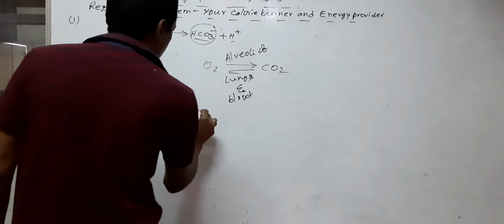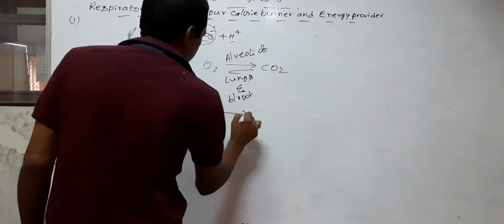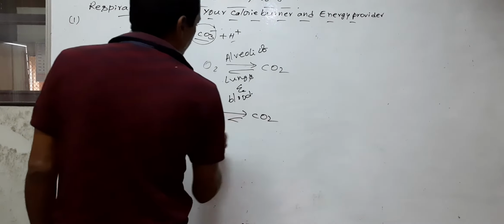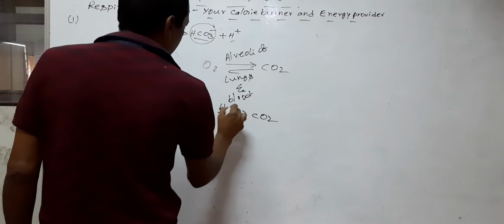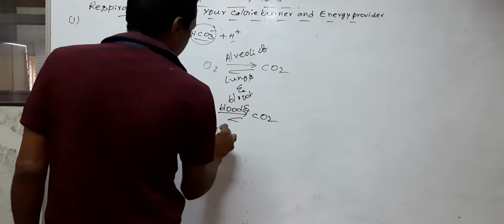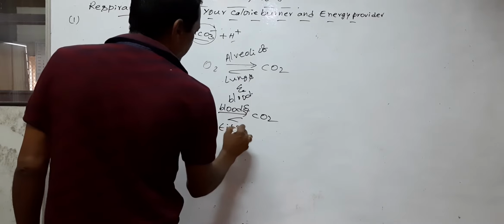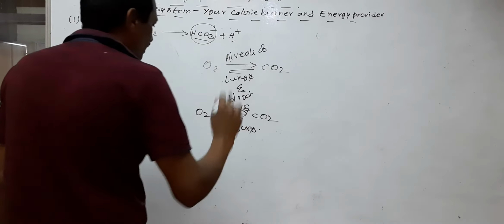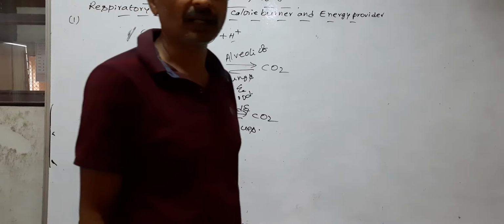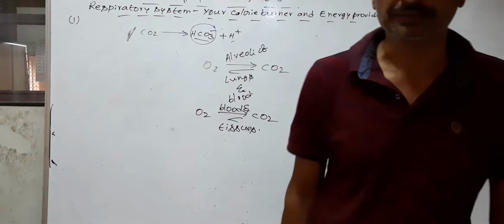So the exchange of O2 and CO2 between blood and body tissues is called internal respiration.